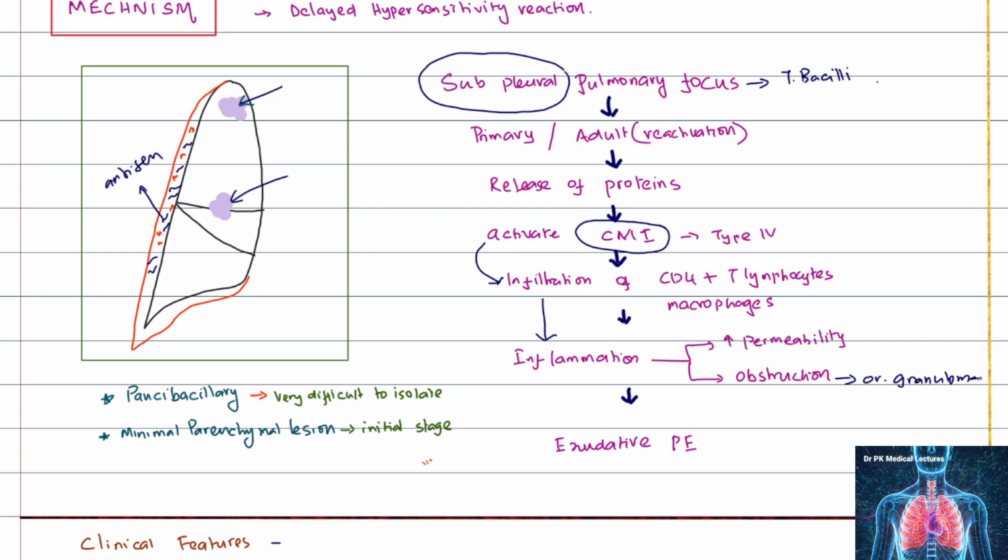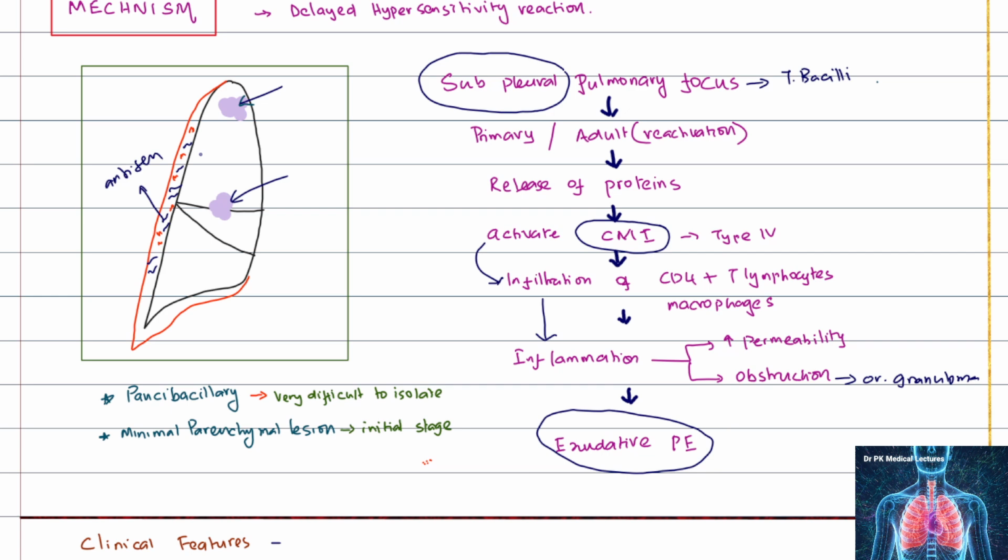All these factors lead to accumulation of fluid in the pleural cavity, which is always an exudative pleural effusion. So the main mechanism is a delayed hypersensitivity reaction to tuberculous proteins which are released from the pulmonary focus.